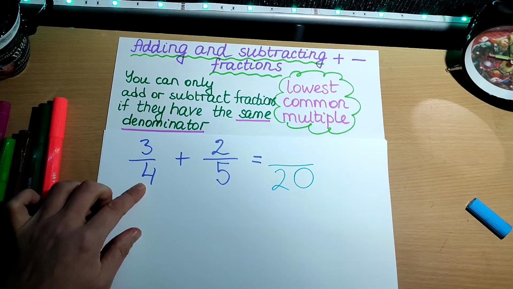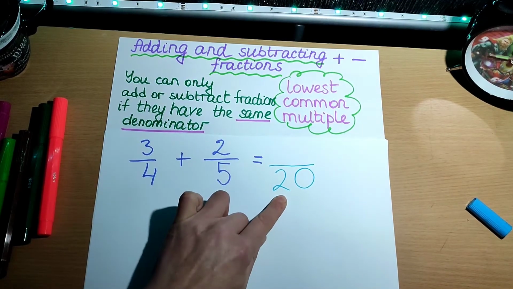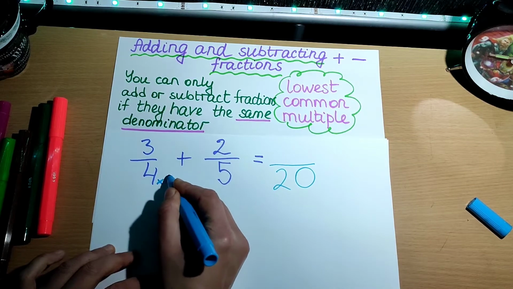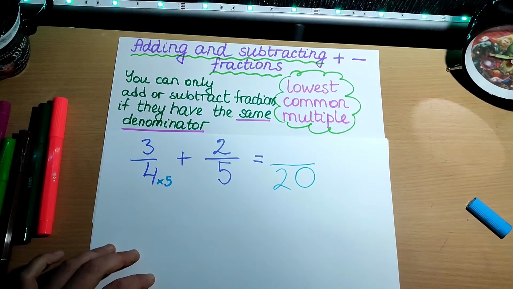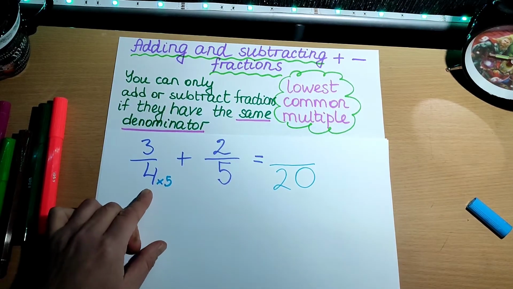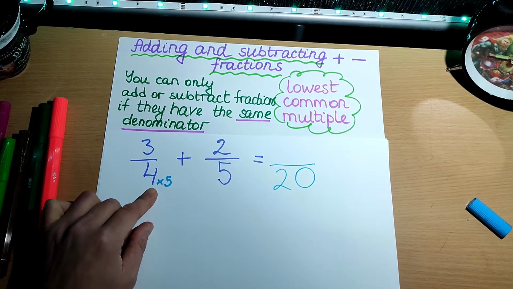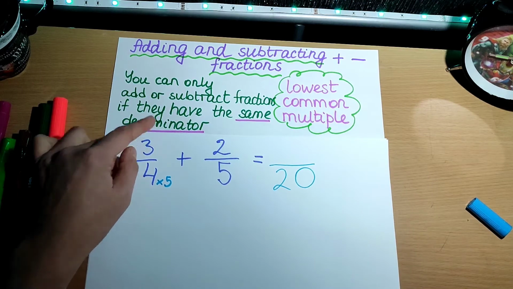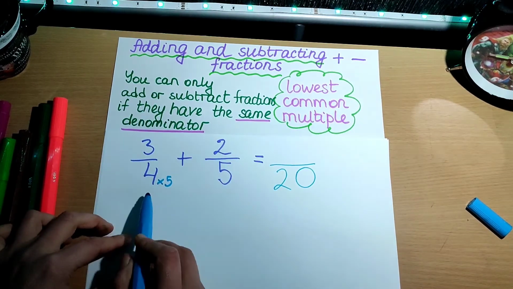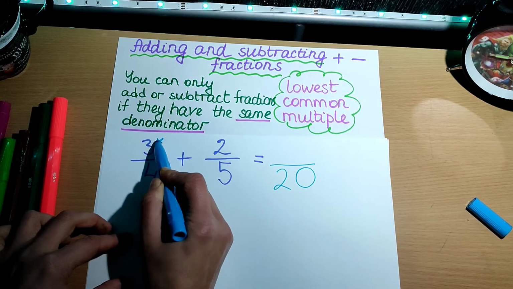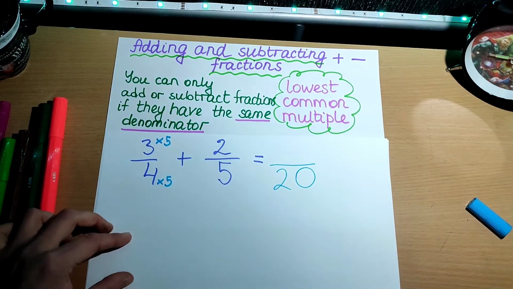How do I turn 4 into 20 by multiplying? I multiply my 4 by 5. But the rule is, whatever I do to my denominator, I need to do the same to my numerator. So I multiplied my denominator by 5, I need to do the same to my numerator.